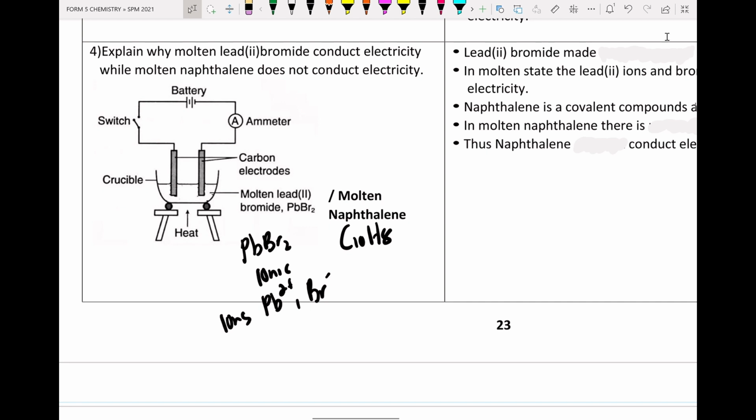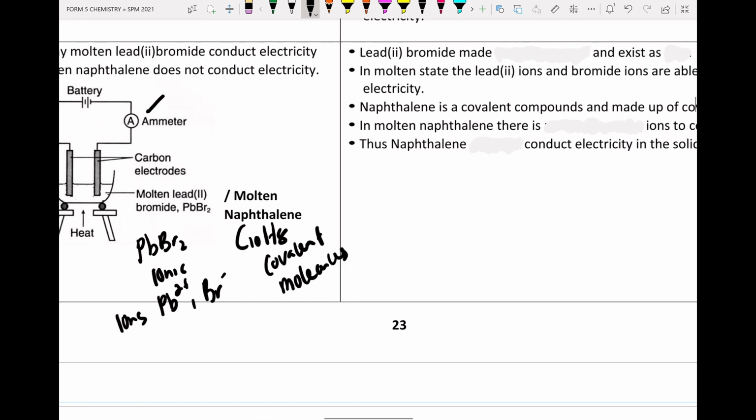These ions in molten state are able to conduct electricity. Therefore, we can see the ammeter needle deflect. While naphthalene exists in molecule state, it is made up of covalent compound. It exists as molecules. There is no freely moving ion to conduct electricity.